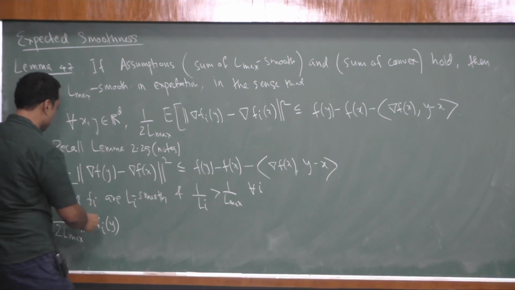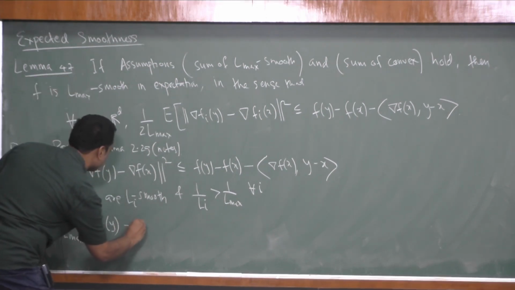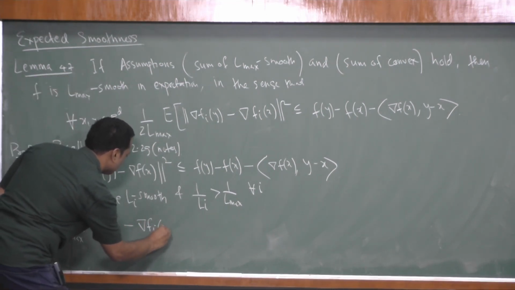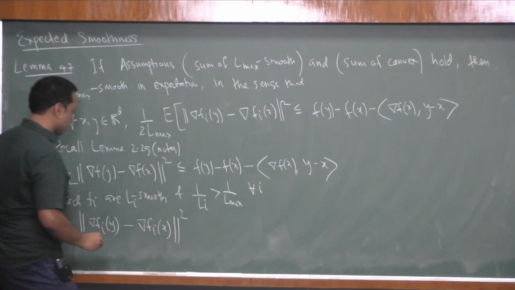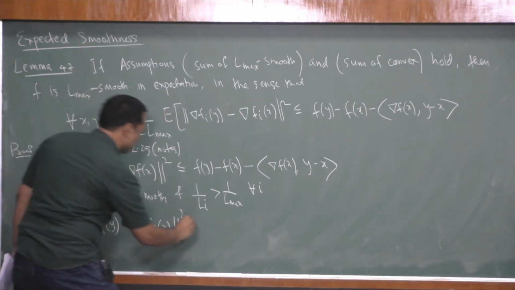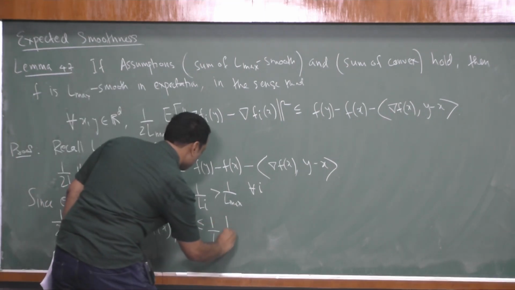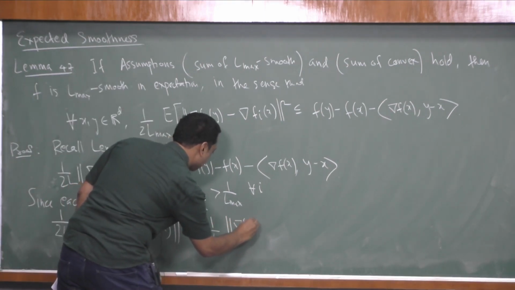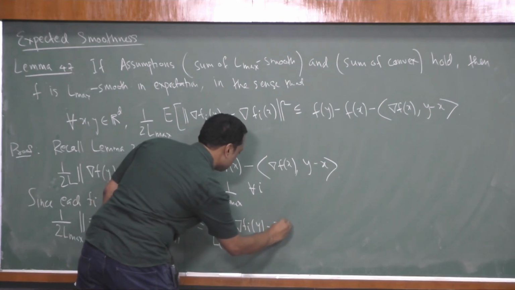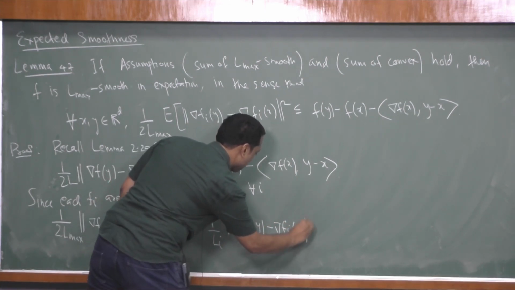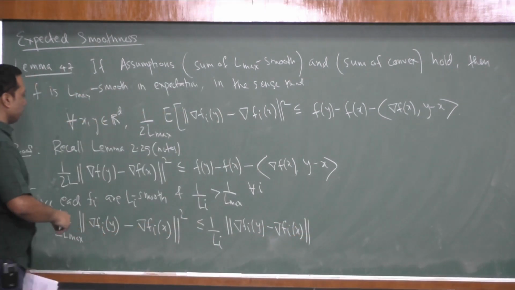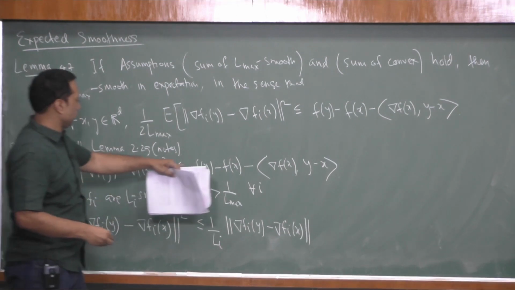Okay, let me write down first grad Fi x, and this must be less than equal to 1 by Li of the same thing. So this is grad Fi y minus grad Fi x, and individually this thing holds.